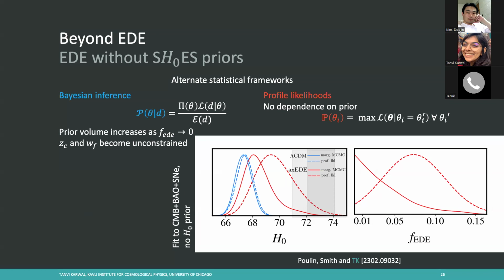Then it becomes a question of whether we trust our EDE priors, because EDE is such an exploratory model. There's no reason for us to pigeonhole ourselves into certain priors and trust that these are exactly the right priors. Our priors can be differently behaved. There's no reason for us to have even flat uniform priors. Once you remove those assumptions, this no longer makes sense as a technique to use for statistical inference.